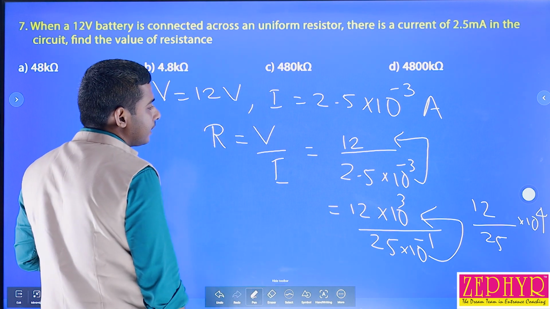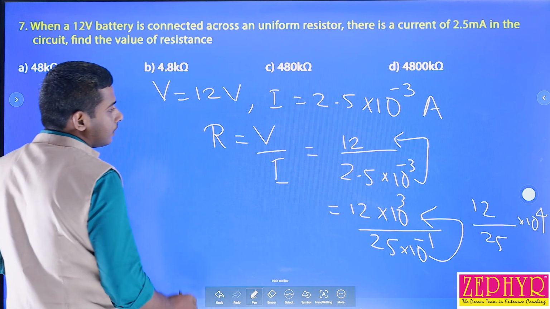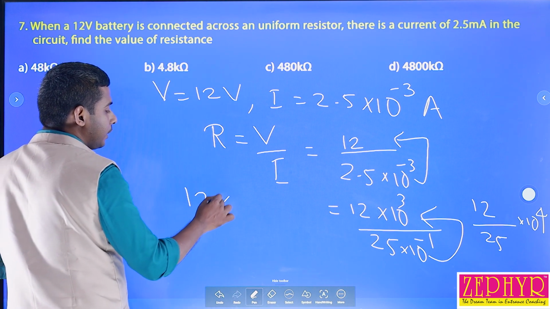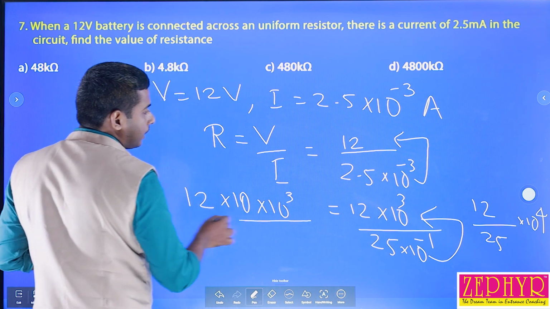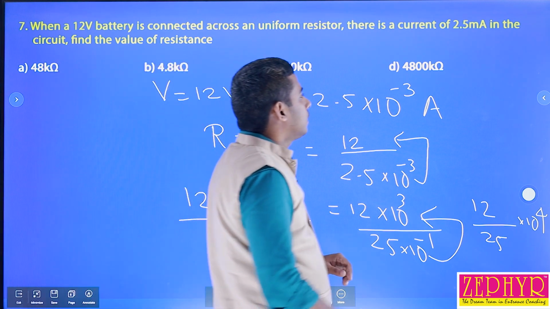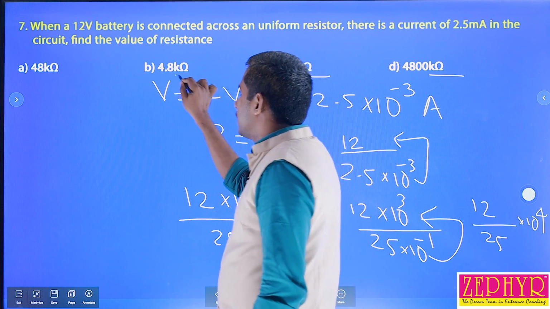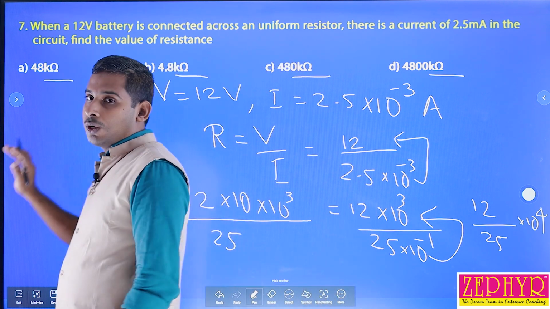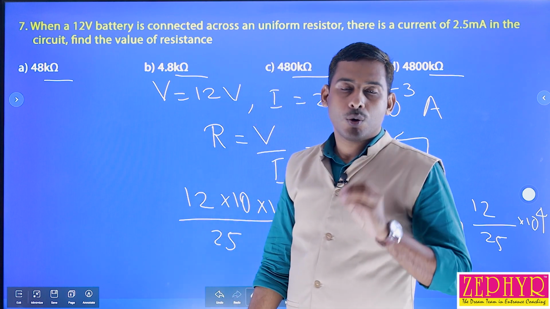Then how can we change this? So, students, listen, that 12 into 10 cube divided by 25. I am going to take it like this because in the options we have kilo ohm, kilo ohm, kilo ohm, kilo ohm. All the options consist of kilo ohm.